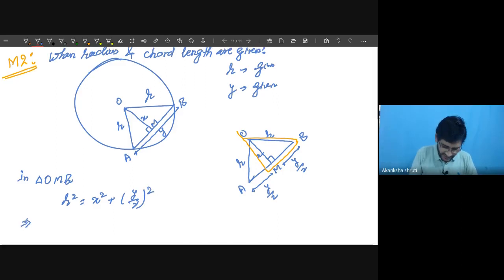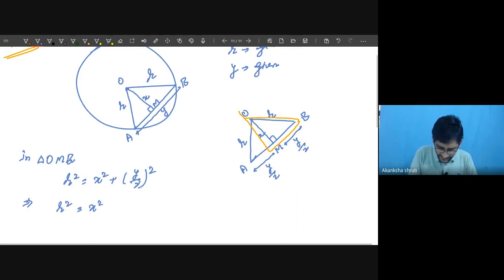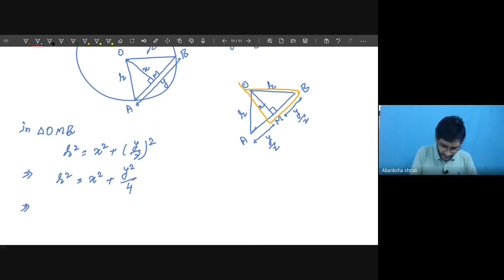So we can write this as r square is equal to x square plus y by 2 whole square, it becomes y square by 4. Okay, student. So this way x can be calculated by bringing y square by 4 to the left hand side: r square minus y square by 4 is equal to x square.